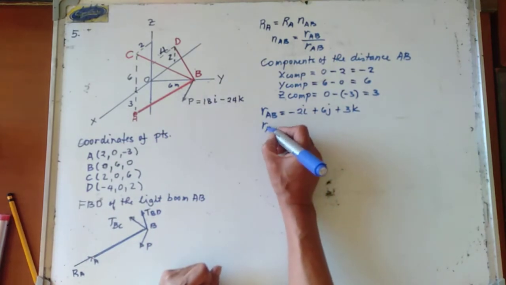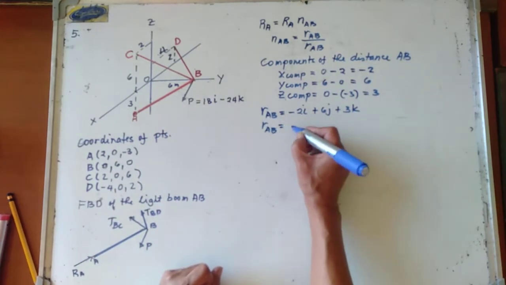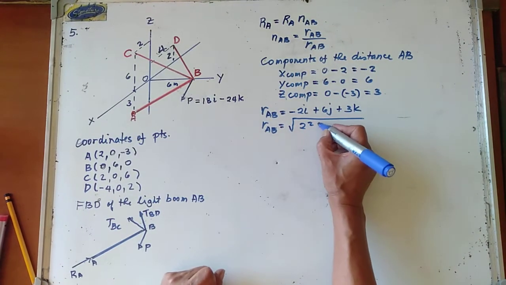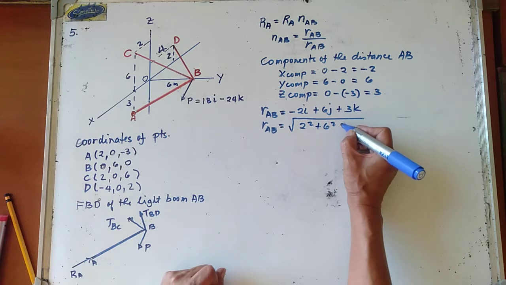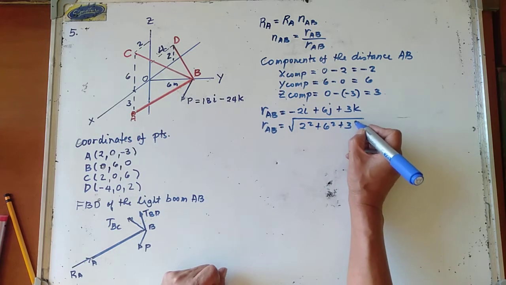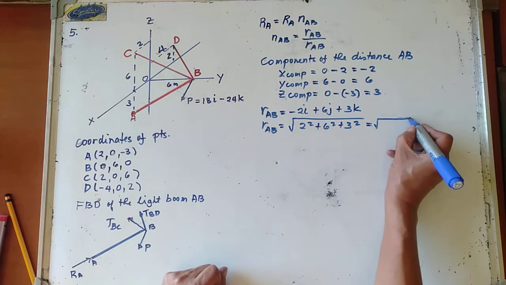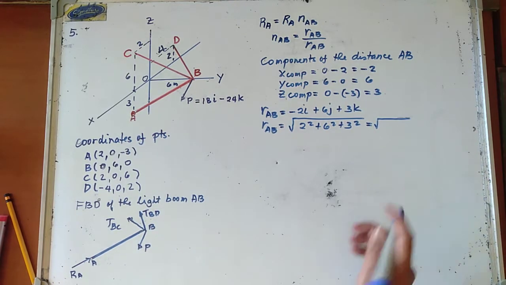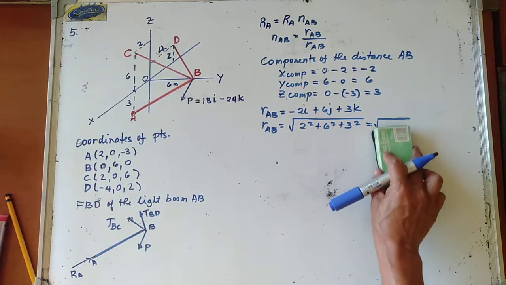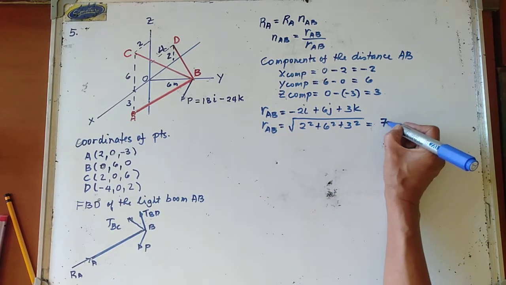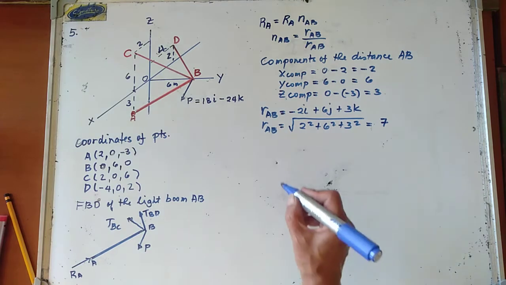Its magnitude is equal to the square root of 2 squared plus 6 squared plus 3 squared, which is the square root of 49, or 7.